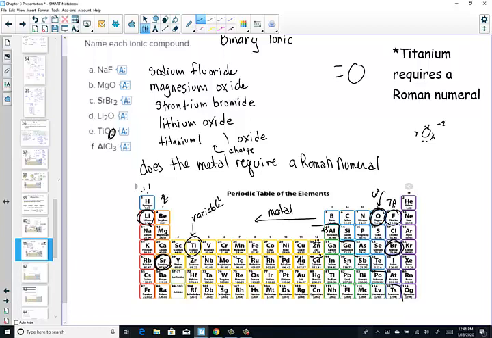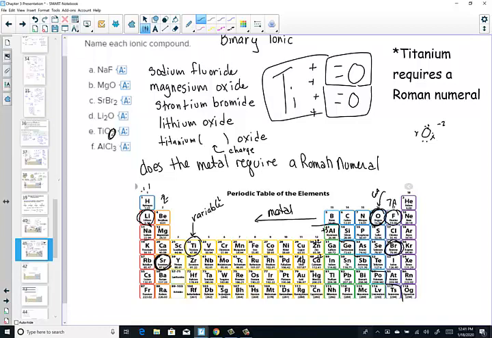And there's 2 of them in that formula. So we have 2 separate O -2s. That's a total magnitude of a -4. Our titanium has to carry a +4 charge to electrically balance 2 units of a -2.